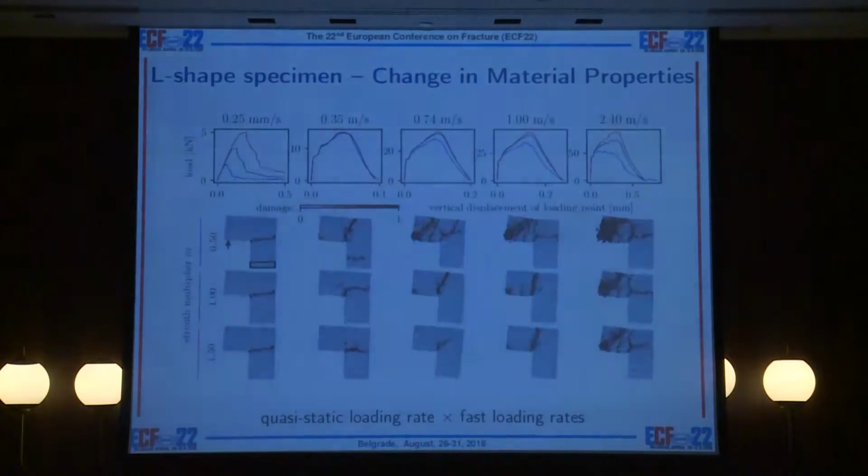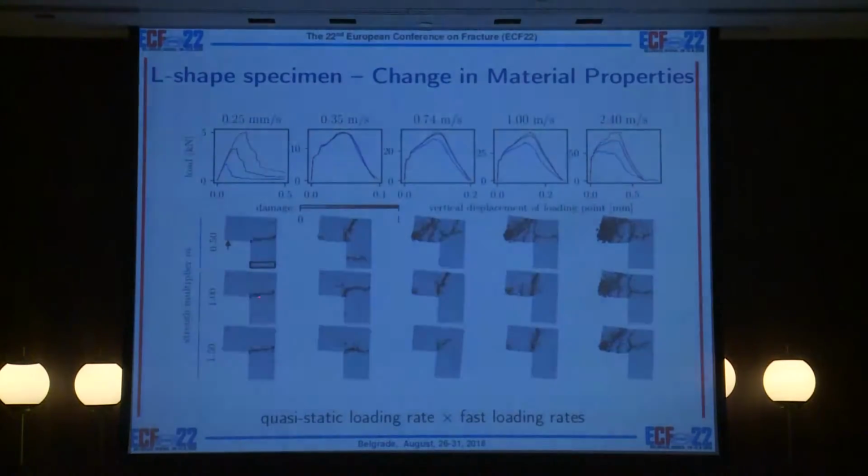So more red means more damage, then the red is the crack. First, have a look at the middle row, which is the reference simulation. I'll come to the others a bit later.